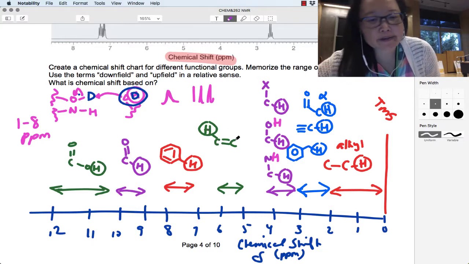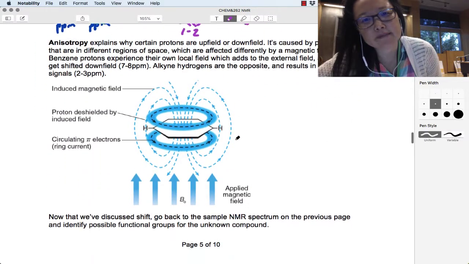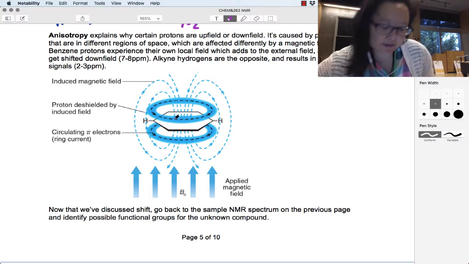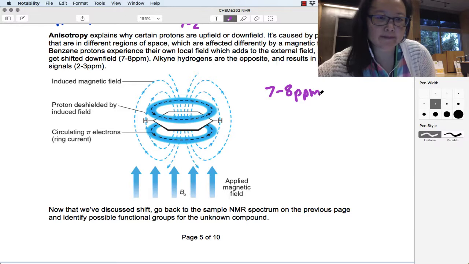Well, there's also this other effect called anisotropy, and this is really how we explain that effect. For benzene in particular, we talked about the shift being way down there, 7 to 8 ppm, as opposed to the alkyl groups at 0 to 1. So this is explained by an effect called anisotropy.